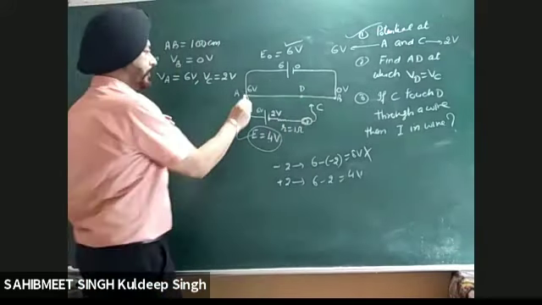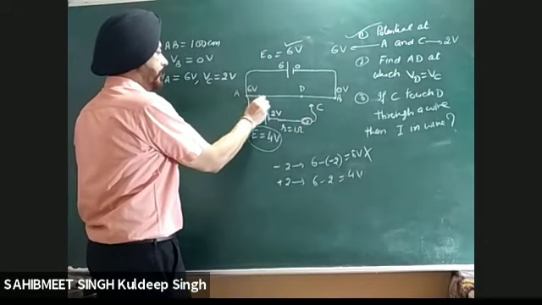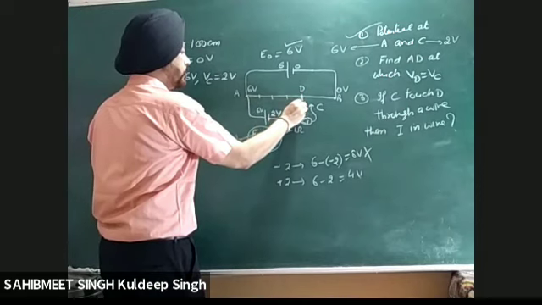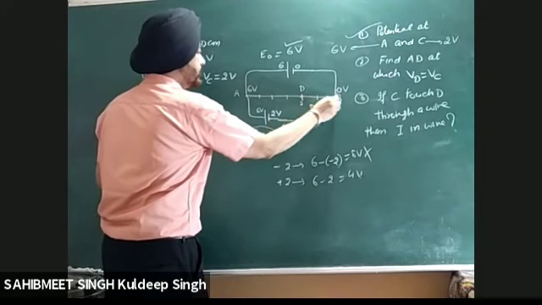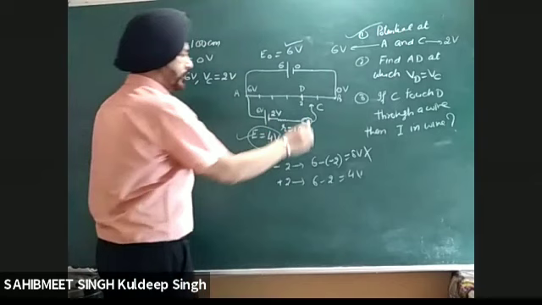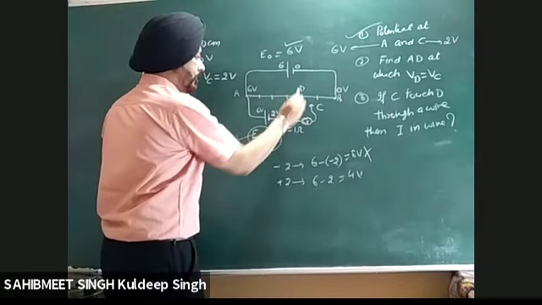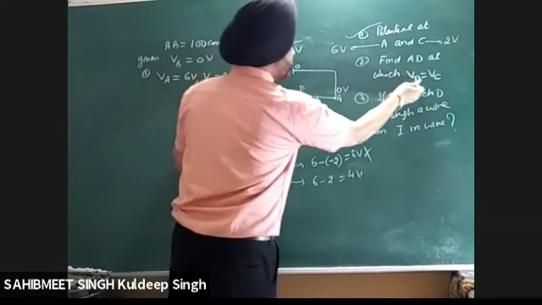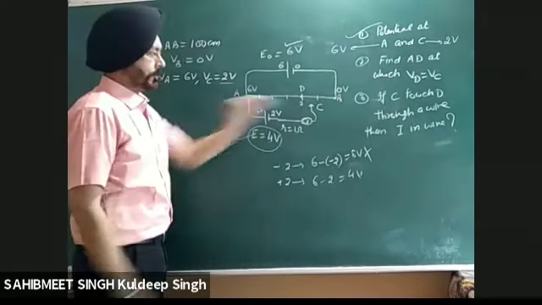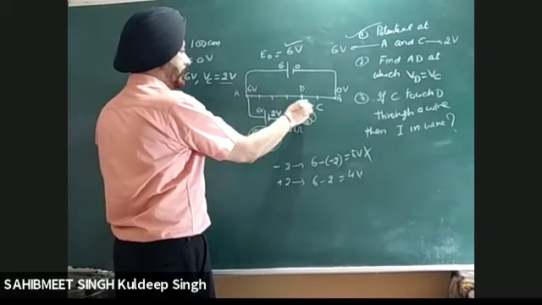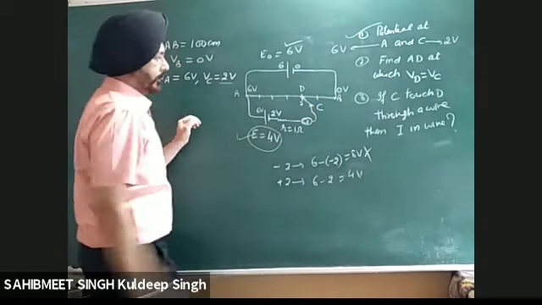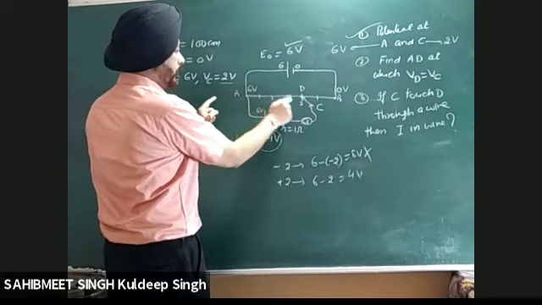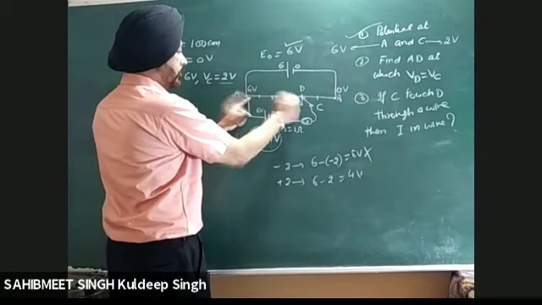Now look, 6, 5, 4, 3, 2, 1, 0. So this is the point where I need 2 volt as per the question. If I connect it here, then the potential across this wire is 6 minus 2, 4 volt.